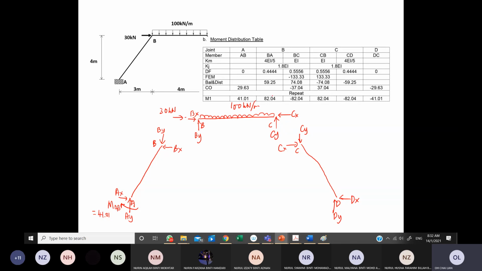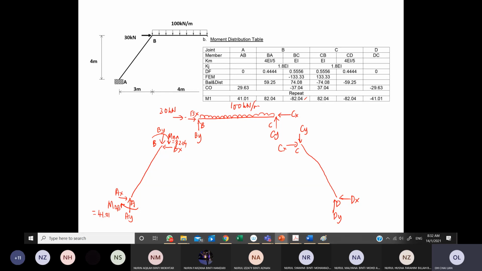And we move to BA. BA is here, MBA, and it is also positive, so means clockwise. So here I have MBA, and I know that it is 82.04.